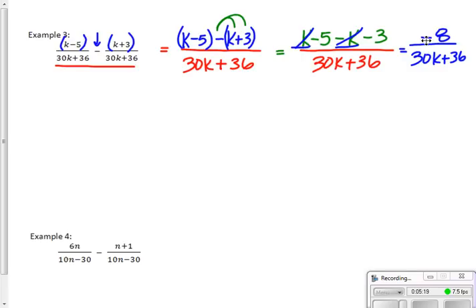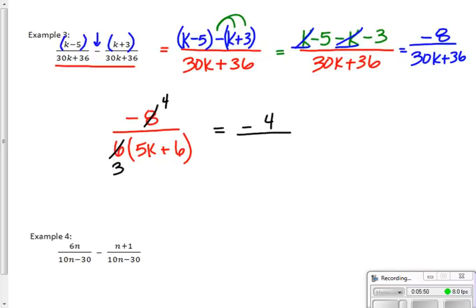So I have negative 8 on the top. On the bottom, out of 30 and 36, I should be able to factor a 6 out. When I factor a 6 out, I have 5k plus 6. Now if you look at it, you can go ahead and reduce this. I can take a 2 off the top and the bottom. So this is going to be a 4, and this would now be a 3. So my answer really is negative 4 over 3 parentheses 5k plus 6.